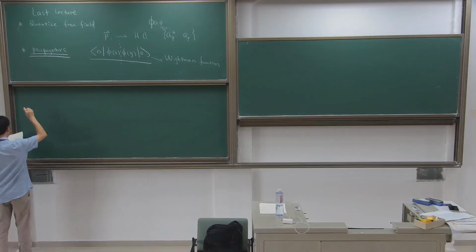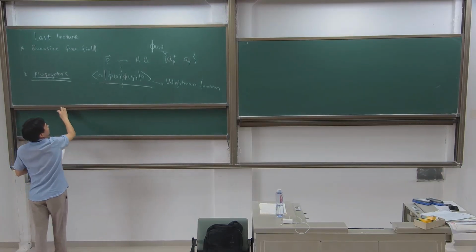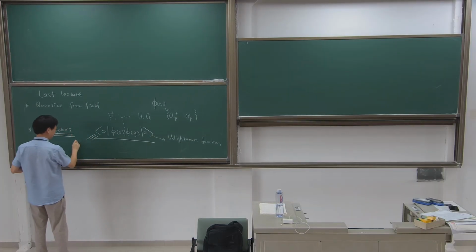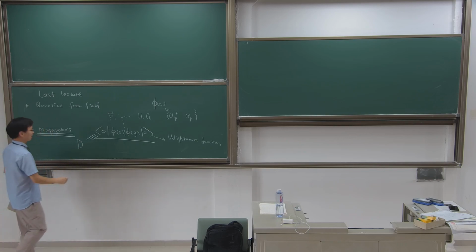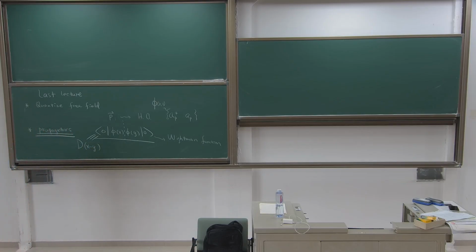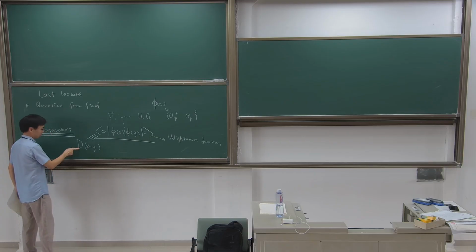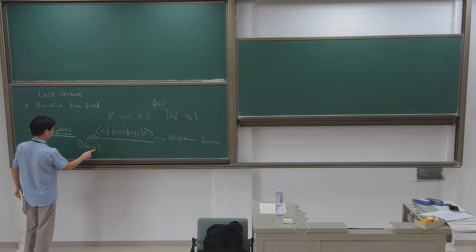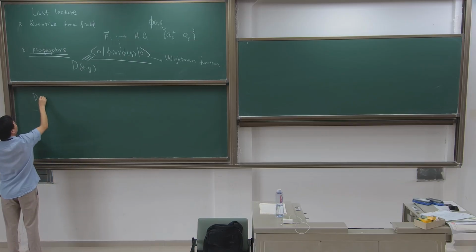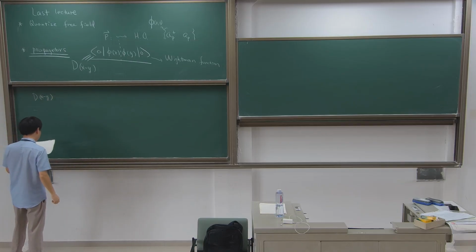The way to work it out: I'm going to define this object, since we will use it quite often later. We use the notation E, and the variable will be x minus y, as mentioned last week, because of translation invariance you use the function of only x minus y. To work out this E function is straightforward.